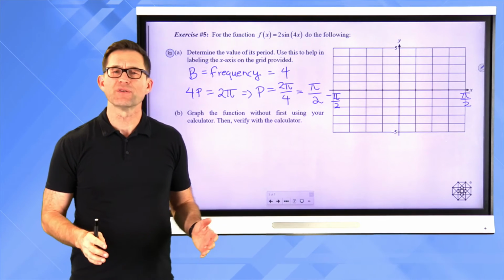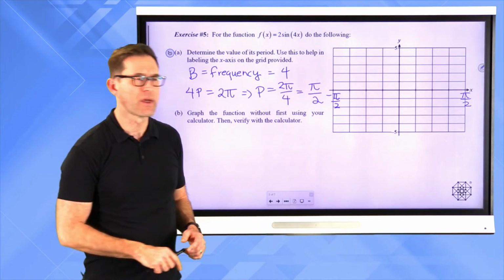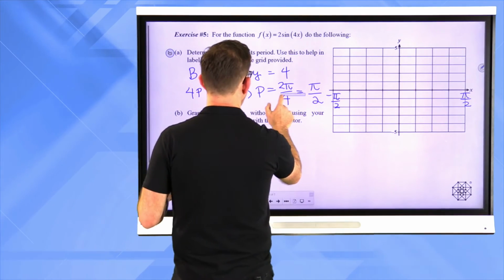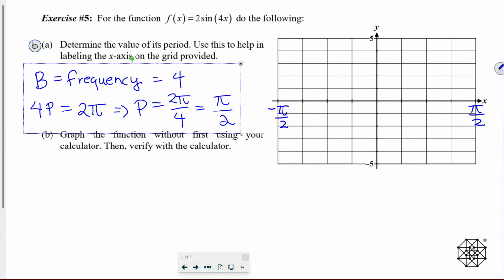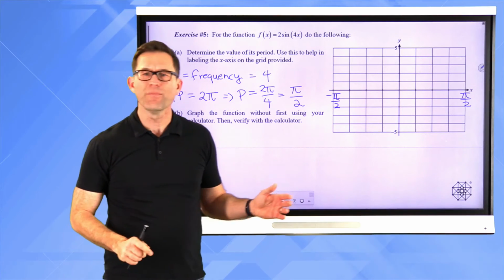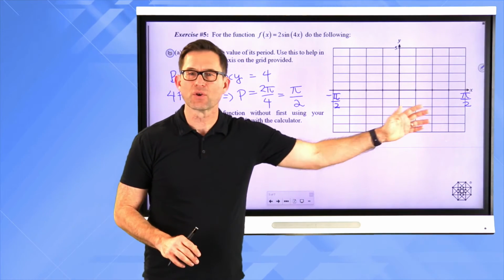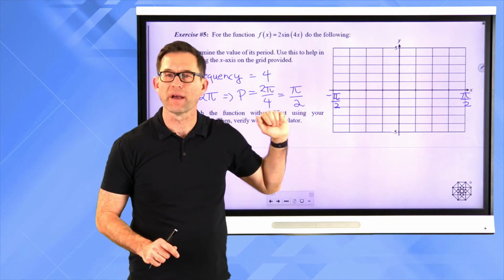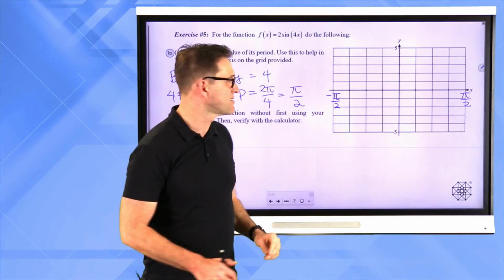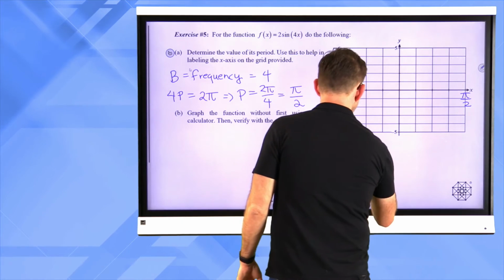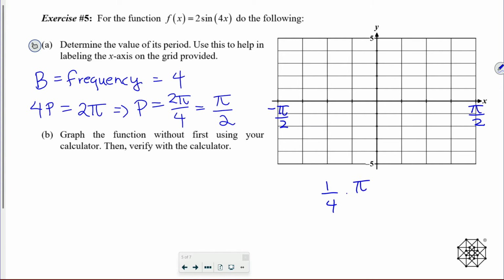Now, trig functions come in quarters, okay? Let me kind of move all of this a little bit to the left so it's not getting in our way. Okay, trig functions come in quarters. So this is kind of good enough in a certain sense to just get a sense for what my scale should be. But if I actually want to know what I'm scaling my x-axis in, I might want to figure out what a quarter of pi over 2 is, and that's going to be a pi over 8.